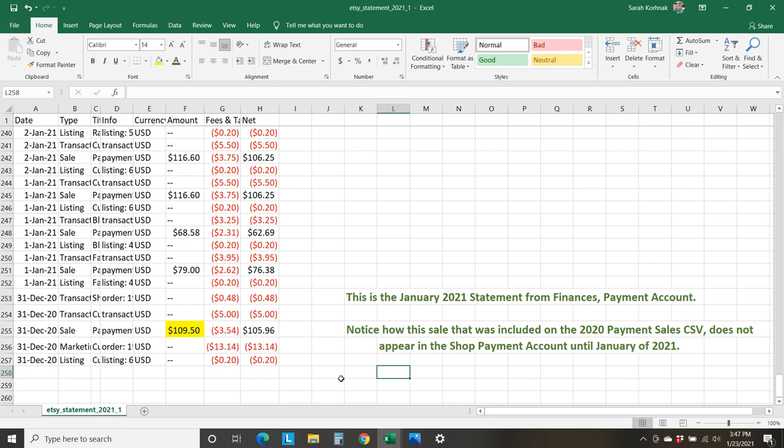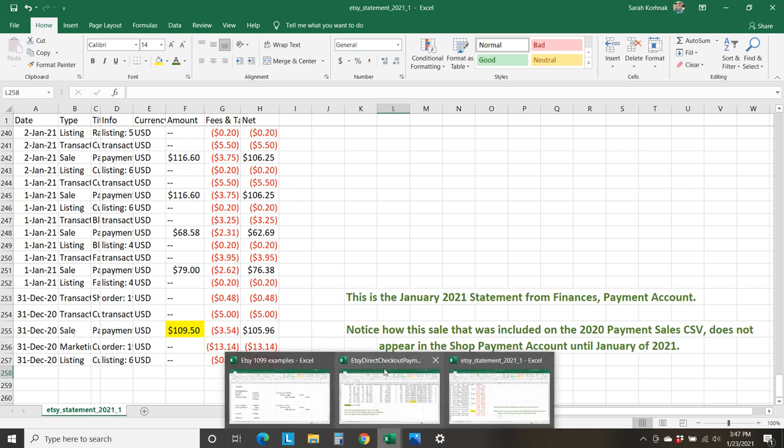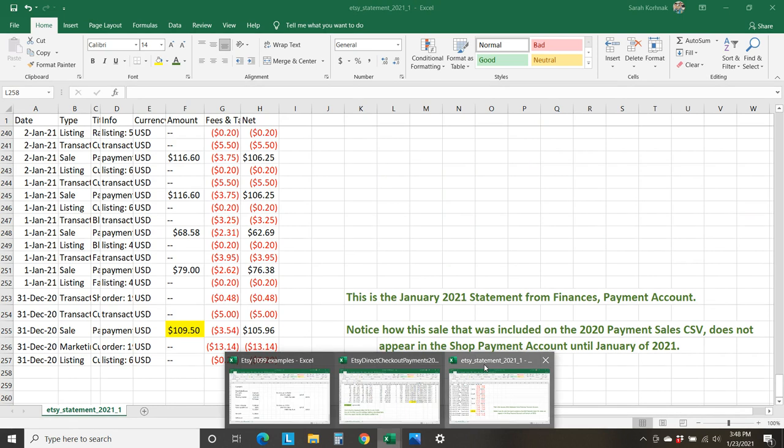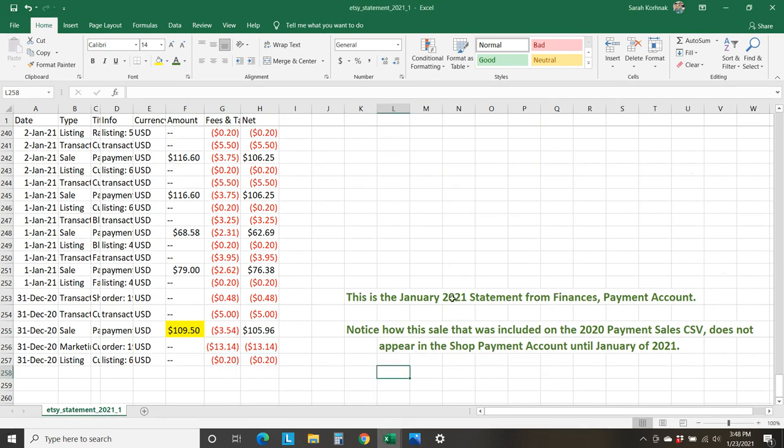So, once again, maybe I'm beating a dead horse here. This report for all of 2020 is what ties to the 1099. It includes a sale that was made on 12/31, but that sale does not appear on the statement until January. And we use the statement, so we would have used the Etsy statement for December of 2020 when we did our Etsy December of 2020 entry, like we do every month.